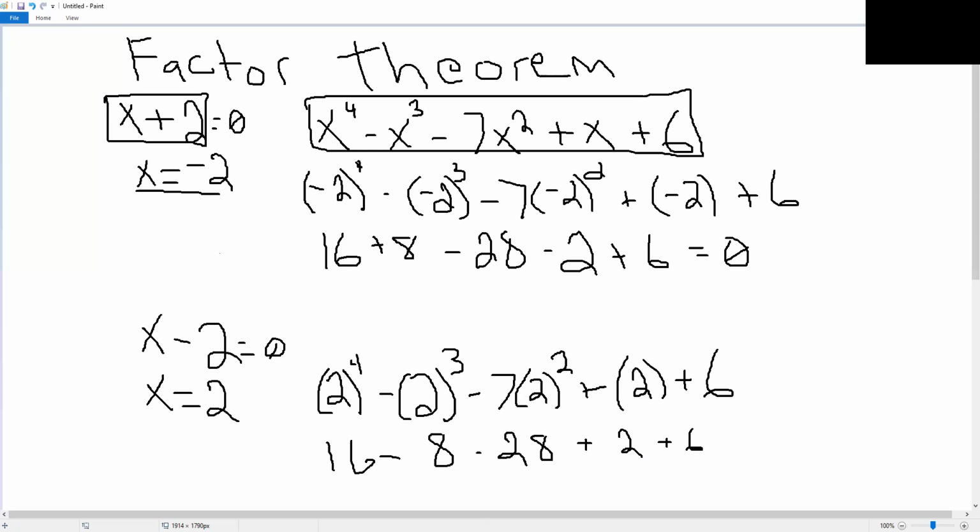And if we use the calculator, 16 minus 8 minus 28 gives us -20, plus 2 is -18, and then plus 6 is actually -12. So this is not 0. So x minus 2 is not a factor of this polynomial. Okay. That is the factor theorem.